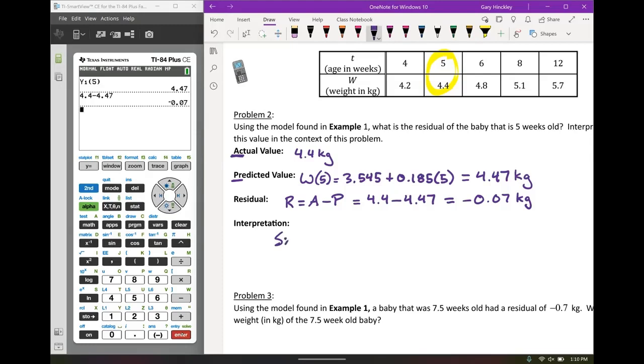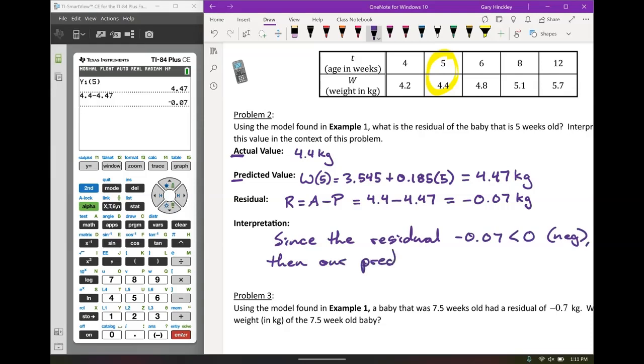But we can say that since the residual, negative 0.07, is less than 0 or negative, then our prediction is an overestimate.